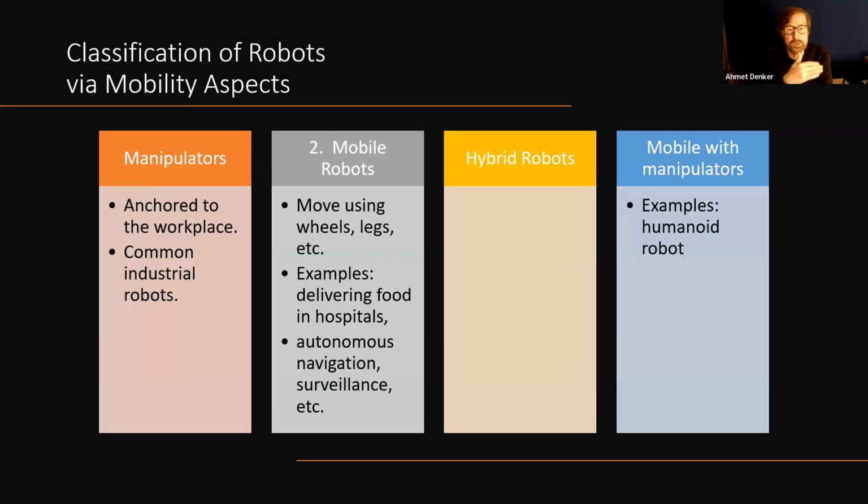But a Curiosity type of robot, which has both the motion capability and the manipulator attached to it, is called a hybrid robot. Okay, is it clear now? Yes, it is. Thank you so much. Thank you for asking the question.